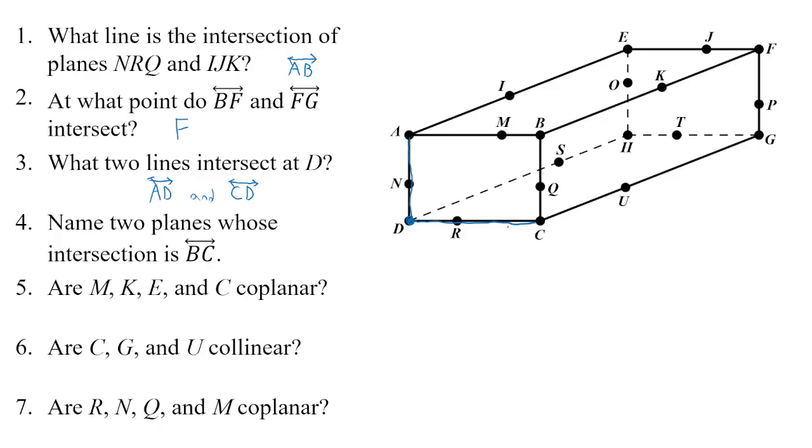Name two planes whose intersection is line BC. So here's line BC right here. So let's see what two planes intersect at line BC. And that's this plane and this plane.